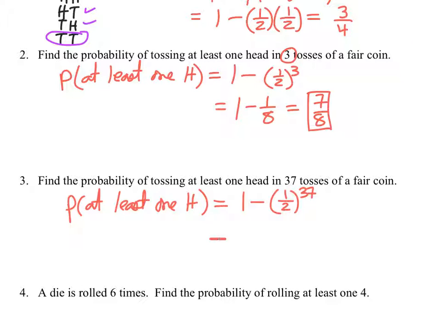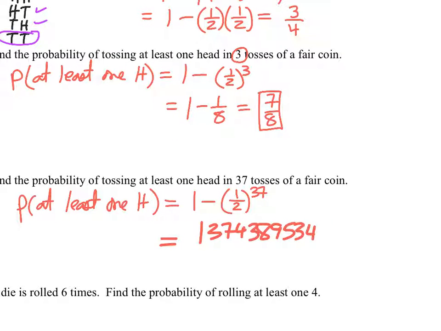So you're looking at 137,438,953,471. Some good stuff, right? All over the same number ending in a 2.